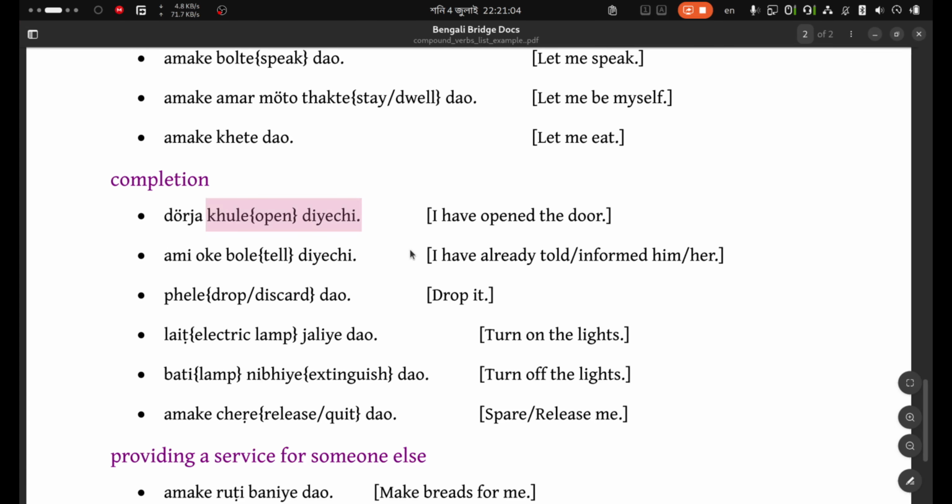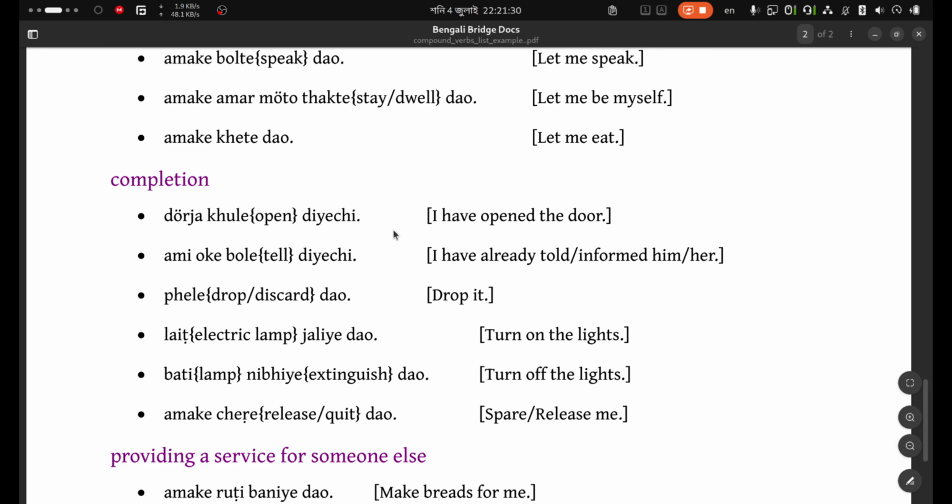দরজা খুলে দিয়েছি. I have opened the door, and the job is complete. It can mean something like I am sure that I have done that job, or it can also mean I have opened the door completely, like all the way in.